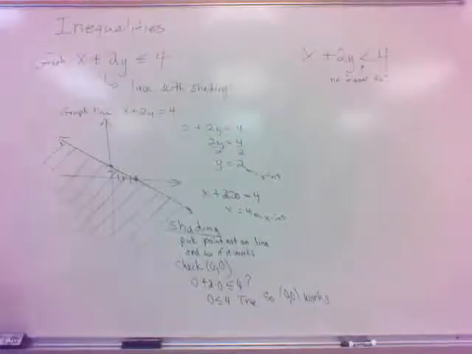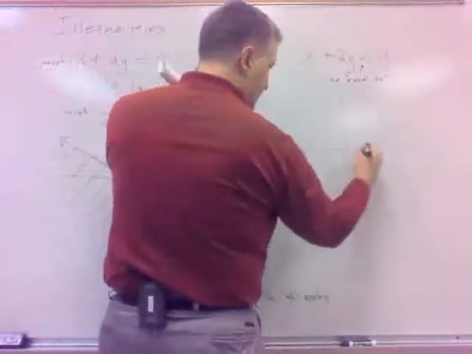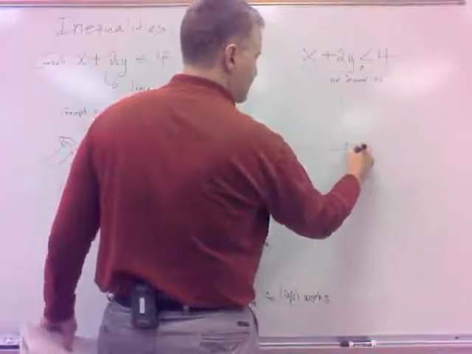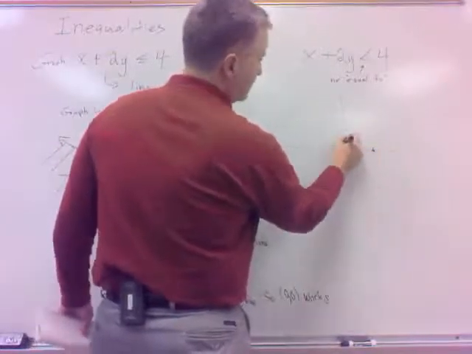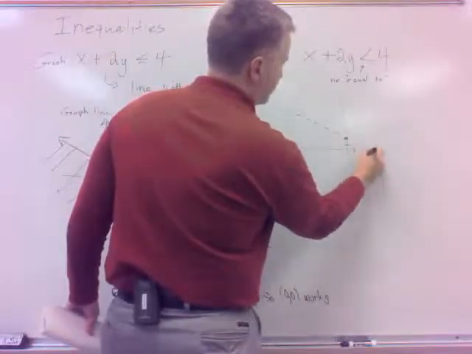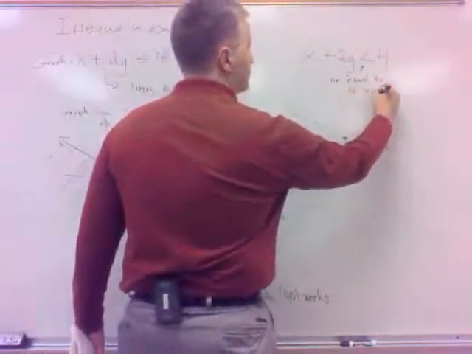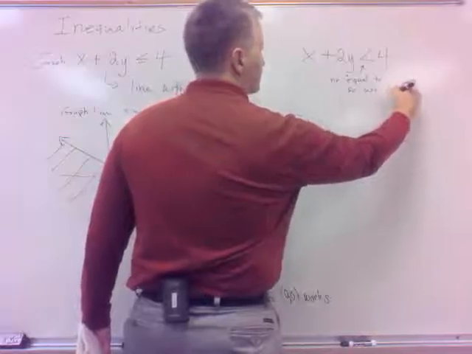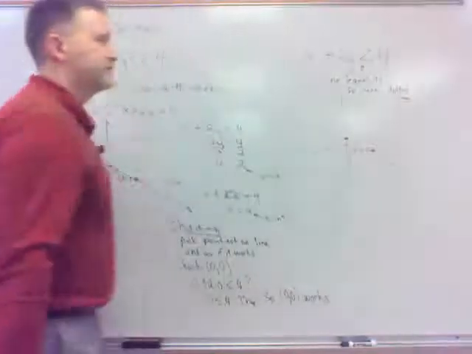And so we still have the line as a boundary, but technically it's not a part of the solution set, and so to note that, then we just use a dotted line, okay? If you don't have the equal to part, you are going to use a dotted line.